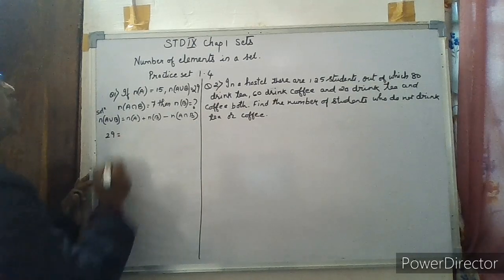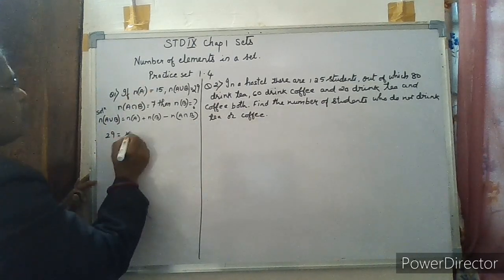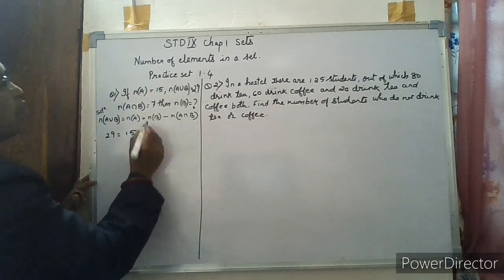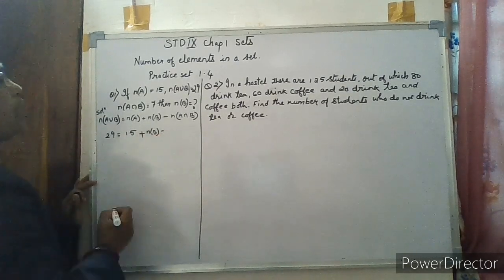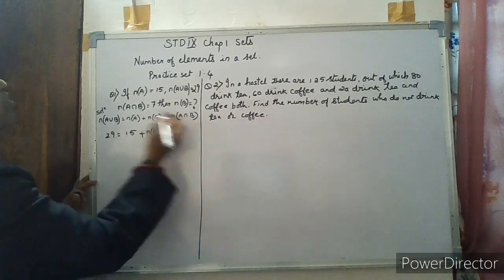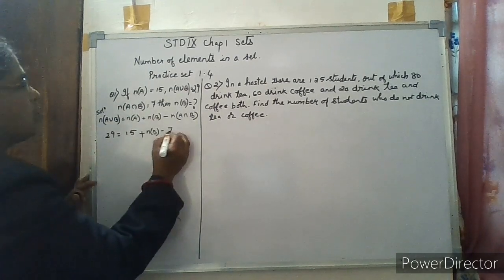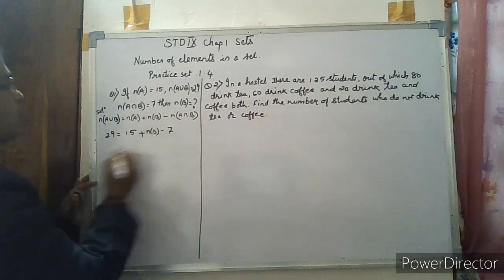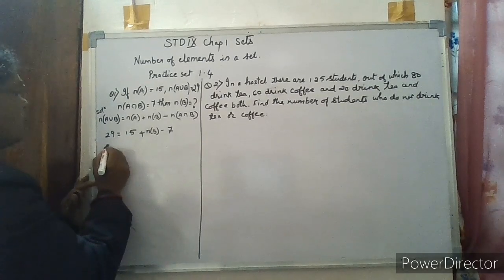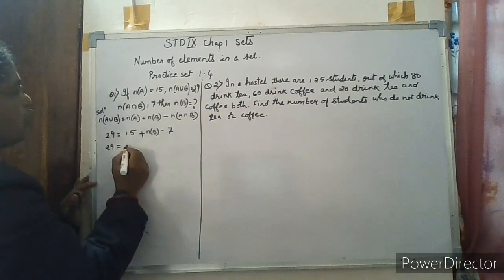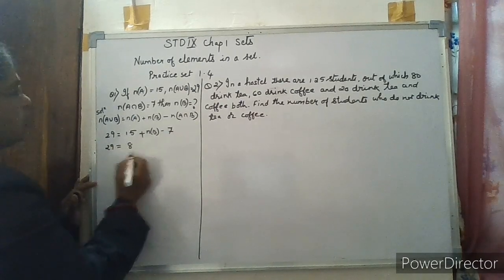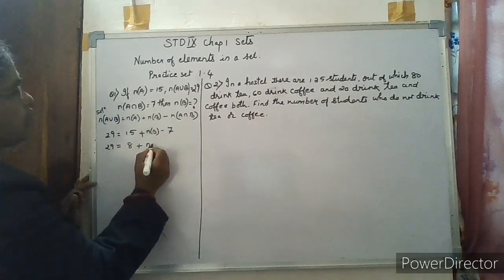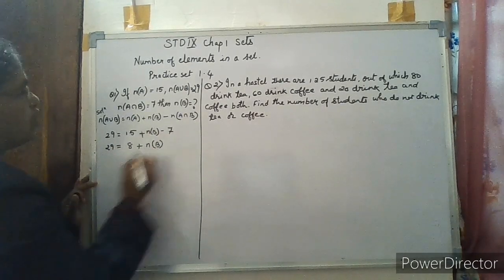This is equal to the number of elements of A, 15, plus the number of elements of B, which we don't know and have to find out, minus the number of elements of A intersection B, given as 7. So solve this as an equation. 29 equals 15 minus 7, which gives 8, plus the number of elements of set B.